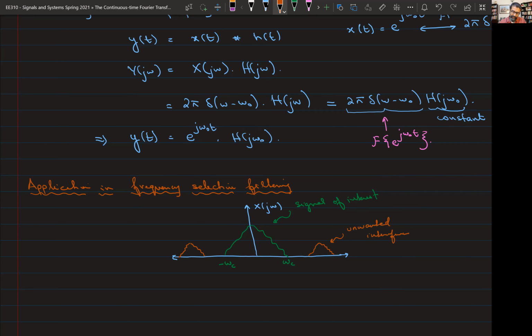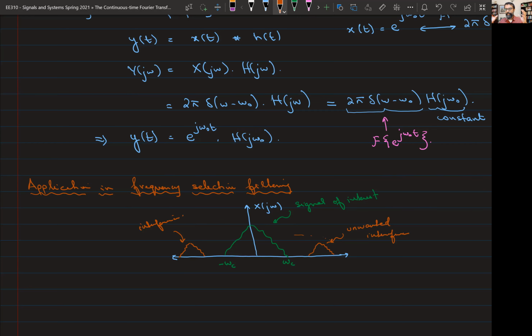So in time domain, I would have found it very, very difficult to find a distinguishing feature between these two types of signals, right?